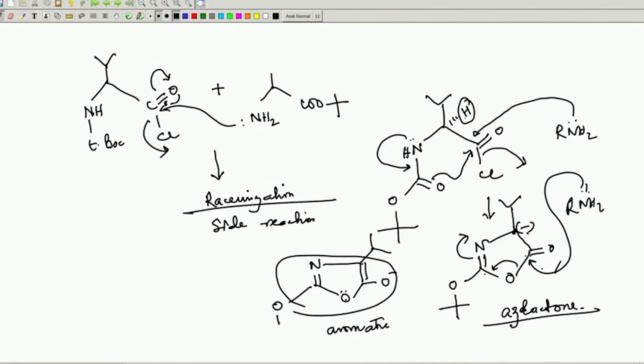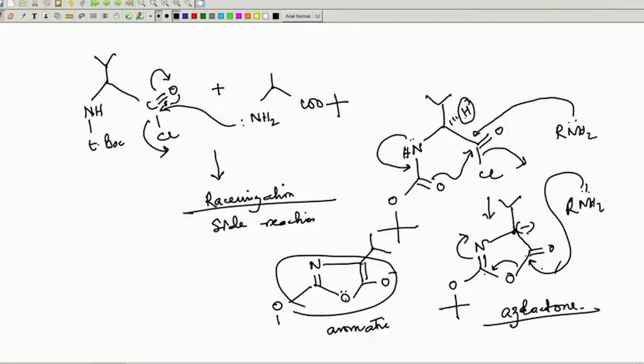So, azolactone formation is a serious drawback of activating the acid group as the chloride. So, we should find a much milder version of the coupling reaction, and that we will talk about in our next lecture.